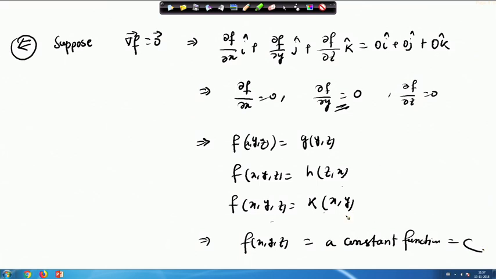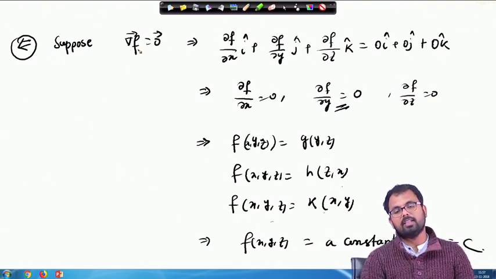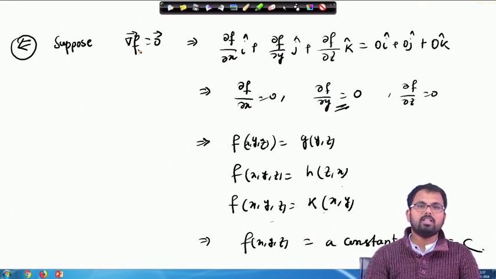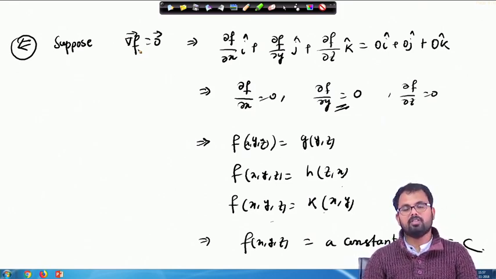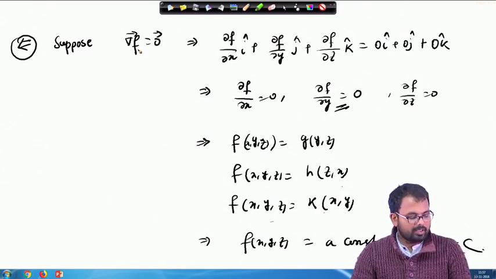That means f is independent of x, y and z, and since f is a function of 3 variables, the only possibility is that f is a constant. It cannot be any other function. So, if the gradient of f is 0, then the function has to be constant, and if the function is constant, then obviously the gradient of the function is 0. This is what we needed to prove.